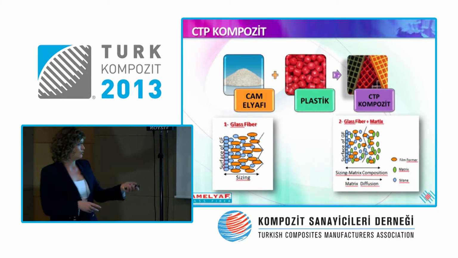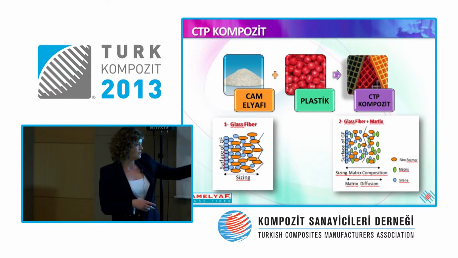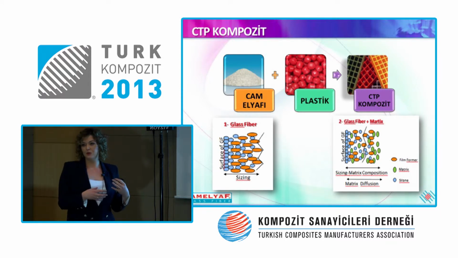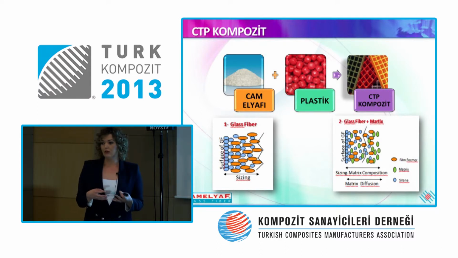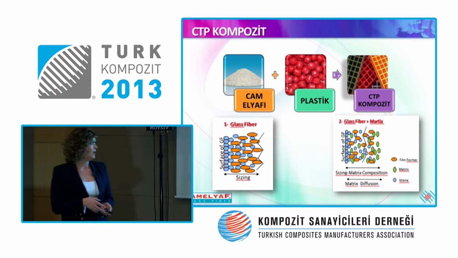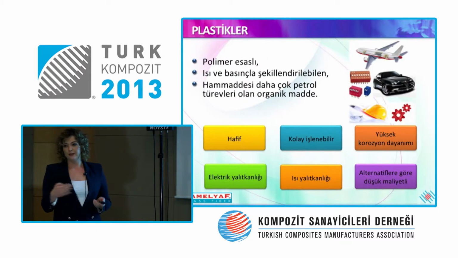On the screen you can see some forms which show you the surface of the fiber is covered by the bonding agent, and based on the processes they get composed, they get integrated, and the final composite form is taken. Here we have plastics also entering the process.